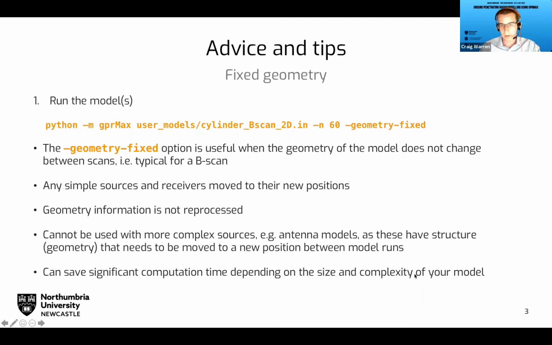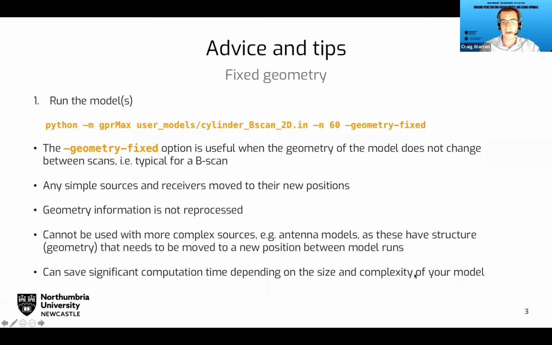But you do have some other options to speed up the build time. What you can do basically is you can save all of your geometry that does not include the antenna model and dump that to file. And then you can load that back in on each of your model runs then. So instead of gprMax having to build the rest of the geometry, it can just load it in from file.